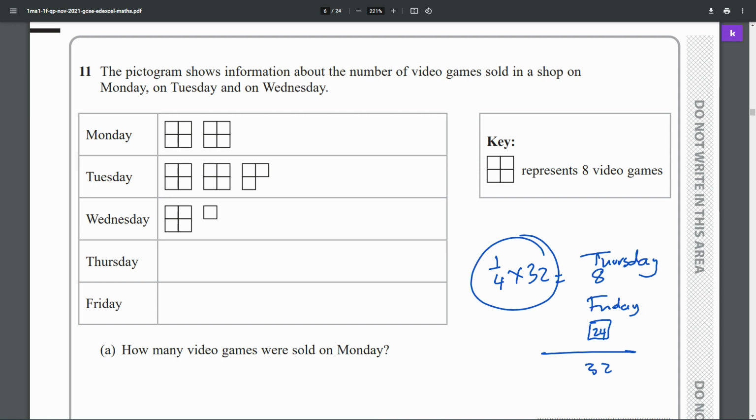Let's see if we can draw it in here. So Thursday will be 8. Let's see if I can draw it neatly. That's going to be basically that day. That's Thursday. That represents 8. And then 32 means that I've got to have 8, 16, 24, 32.